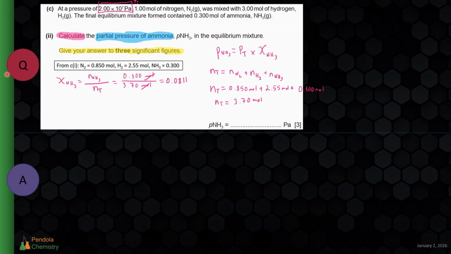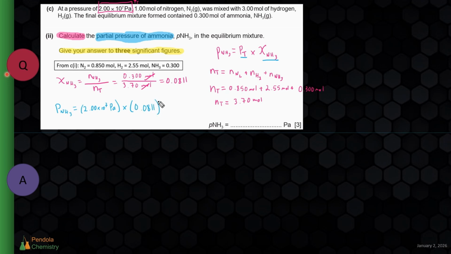And now all we need to do to find the partial pressure of ammonia is to grab the total pressure, which is 2.00 times 10 to the 7 pascals, and multiply that by the mole fraction for ammonia, which is 0.0811.